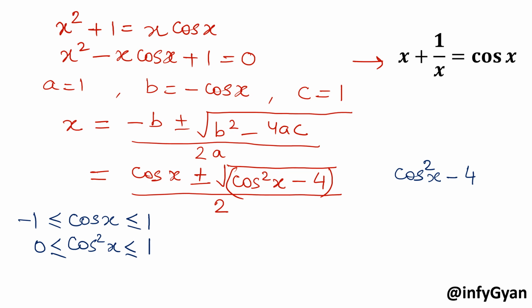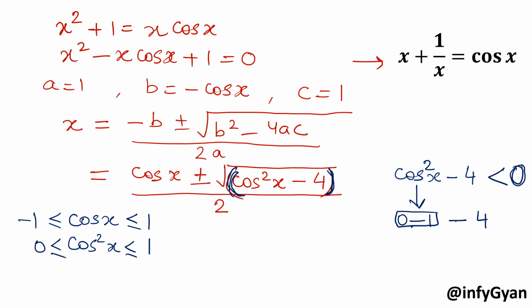Now see this value, cos square x lies between 0 and 1. And you are subtracting 4 from it. So that would be a negative value. If this bracket is negative, it means complex roots.